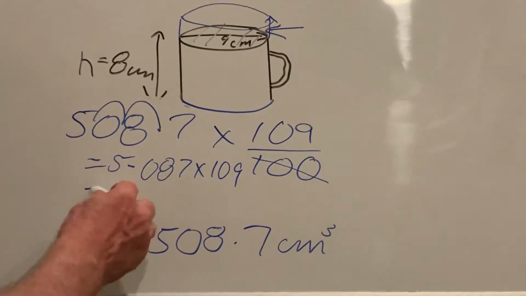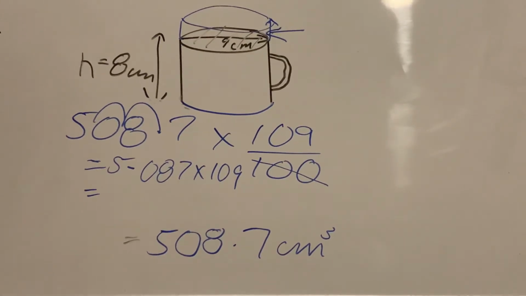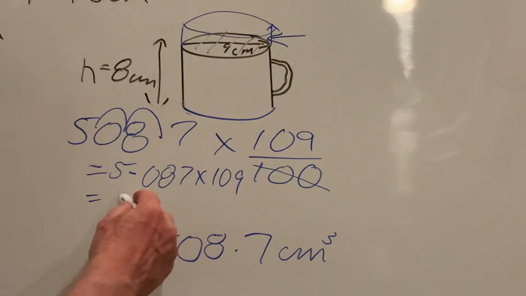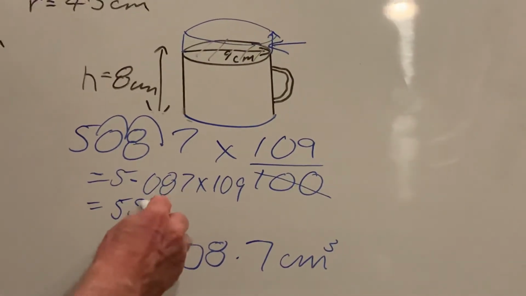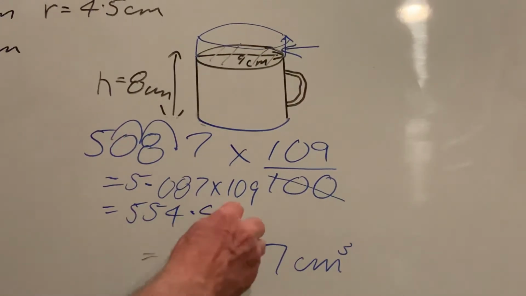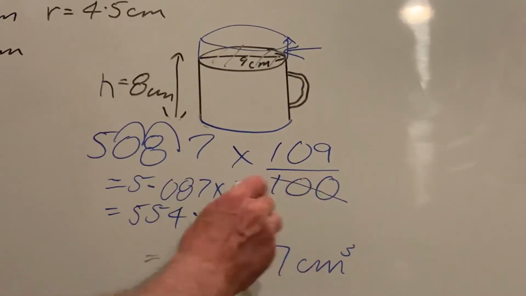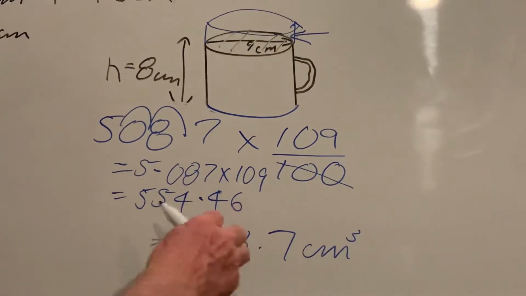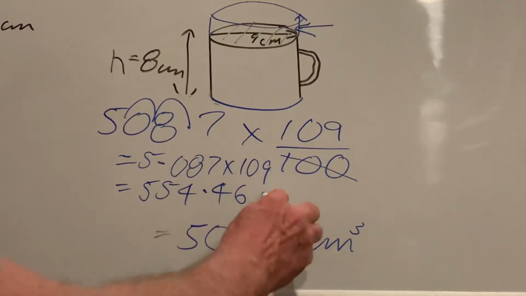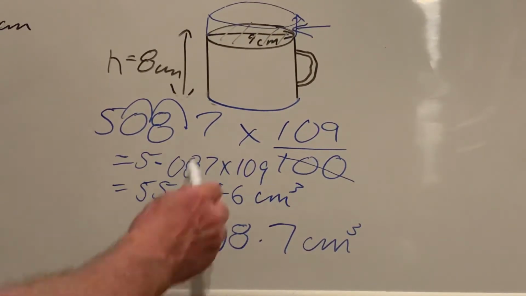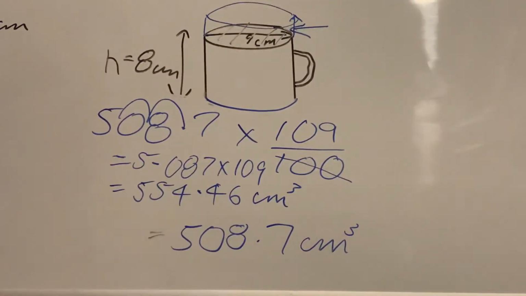Everyone with me so far? Just call out if you're not. Okay. That actually equals 554.46. I did it on a calculator earlier, so 5.087 times 109 equals 554 centimetres cubed. So that's the volume of the water if we freeze it.